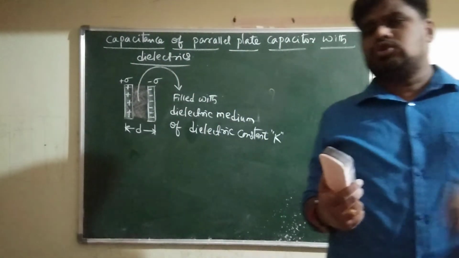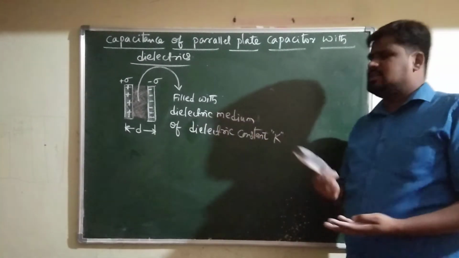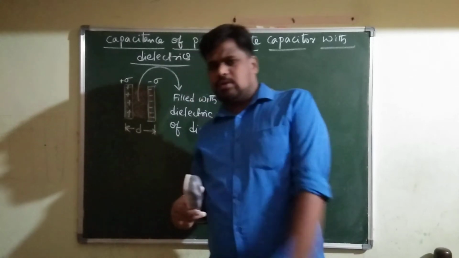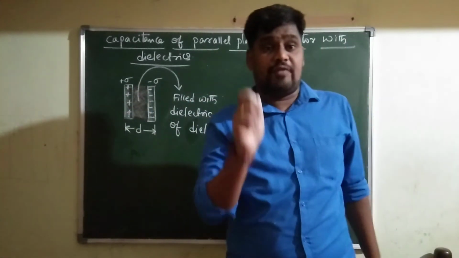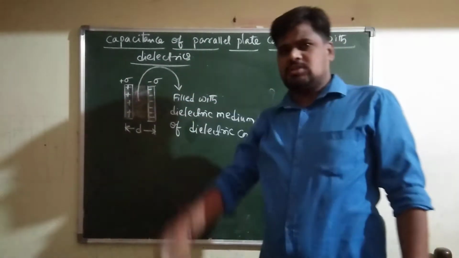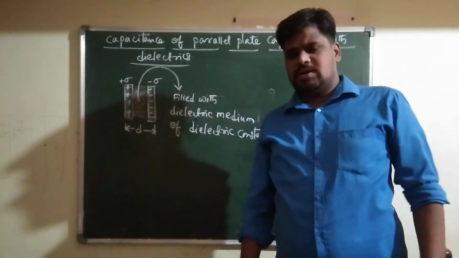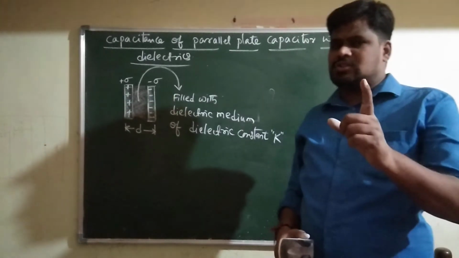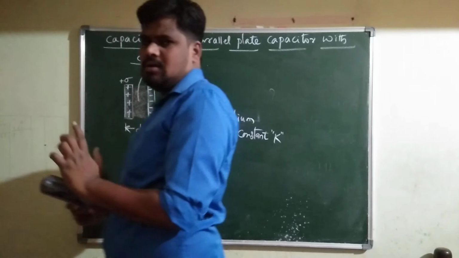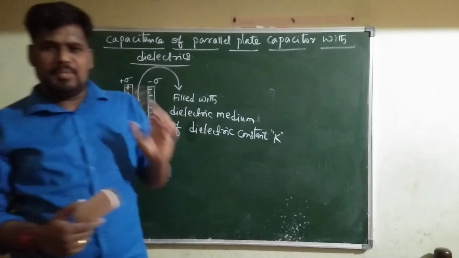When the charge stored increases, its capacitance also increases. So try to answer my question: what is the effect of a dielectric medium on the capacitance of a capacitor? The answer: capacitance of a capacitor increases when you use a dielectric medium.